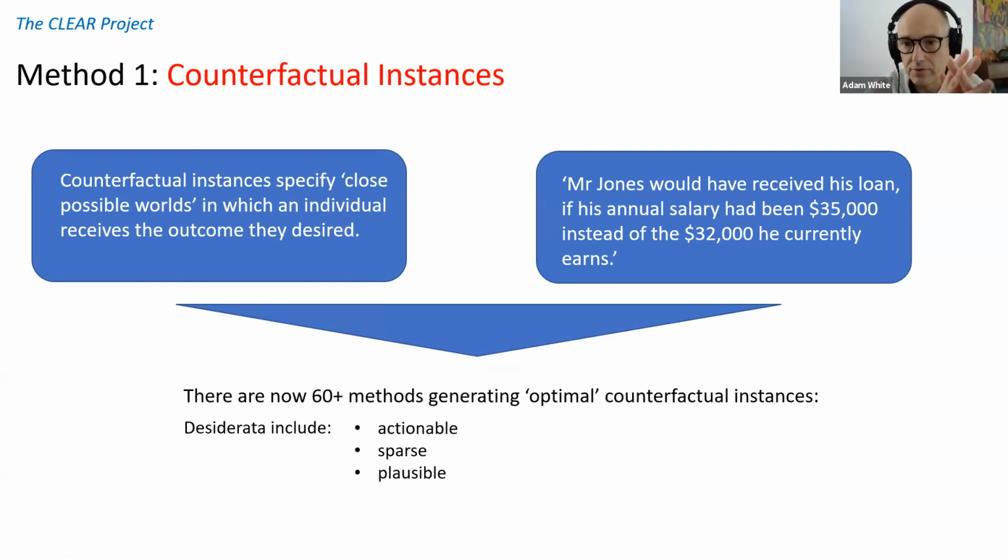So, for example, Mr. Jones would have received his loan if, contrary to the facts, his annual salary had been 35,000 instead of the 32,000 he currently earns. Now, there are over 60 published methods generating optimal counterfactual instances, where optimality is defined in terms of such criteria as actionability, sparsity, and plausibility.